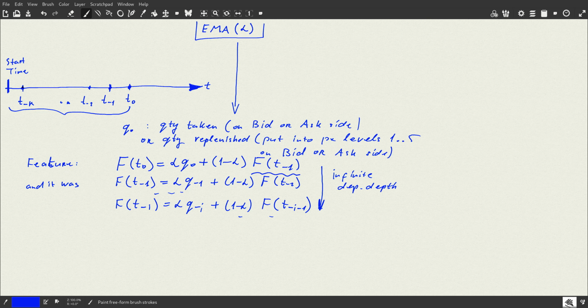The principal difference between finite windows and EMA is that EMA has potentially unbounded dependency history. It doesn't mean that it is truly infinite at each time. Whereas if you use a finite window, then it is bounded by the window size. So it is more correct to say, instead of infinite dependency depth, potentially unbounded.